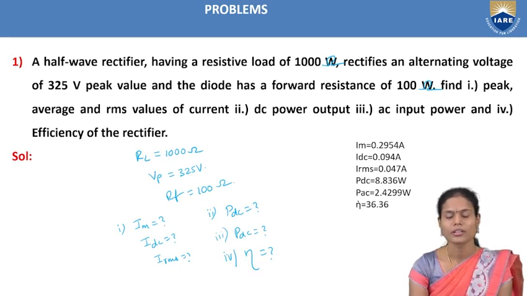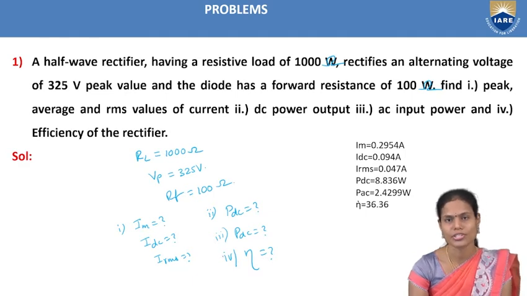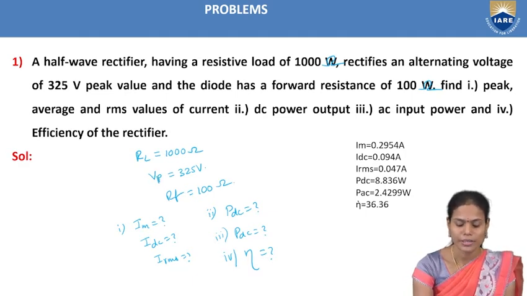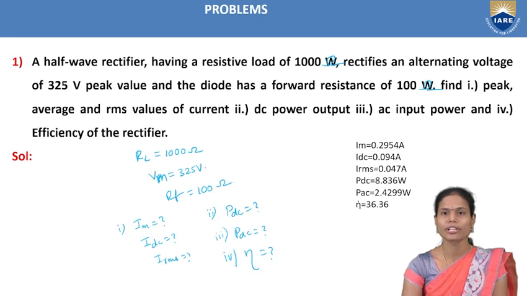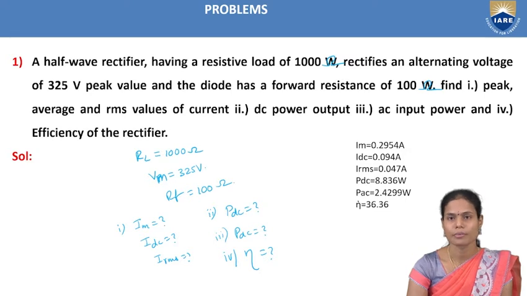So here they gave the load resistance value as well as the peak value of the voltage directly, that is Vm 325 volts, and the forward resistance of the rectifier is also given.